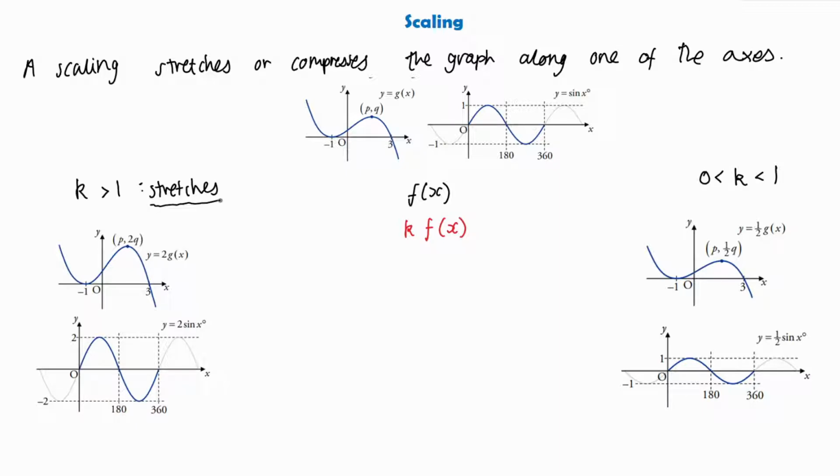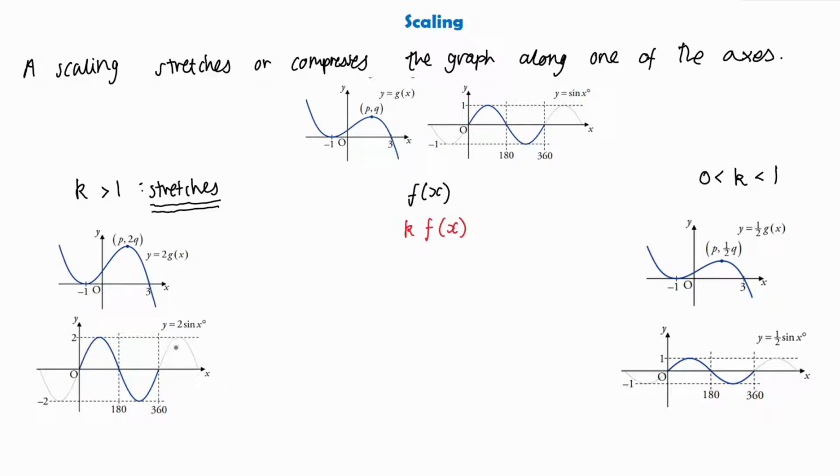And this is very important that we say stretches. As we can see here, PQ is now P2Q because the value of k is 2. If it were y equals 3g of x, this would be P3Q. So everything's being multiplied by 3. It does look very similar, but it's just being stretched. So this point will be higher up, but the graph will overall keep its general shape, though it will look slightly different.